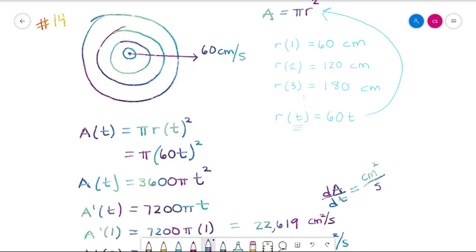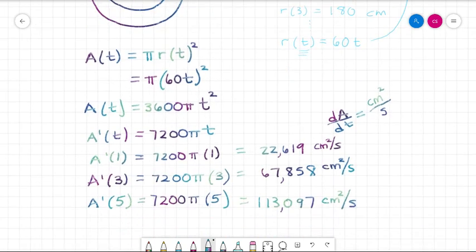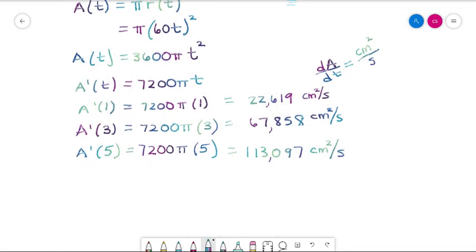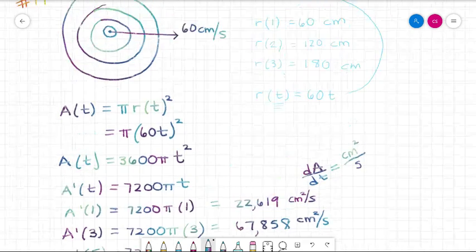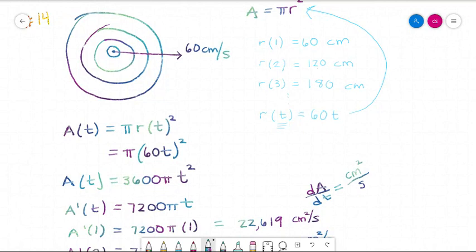But what's happening with the area? We're getting bigger and bigger and bigger, right? The area on this circle is increasing, the rate that it's increasing, that rate is increasing. So even though the radius is increasing at the same rate, the area is getting bigger and bigger and bigger and bigger, almost exponentially, right?